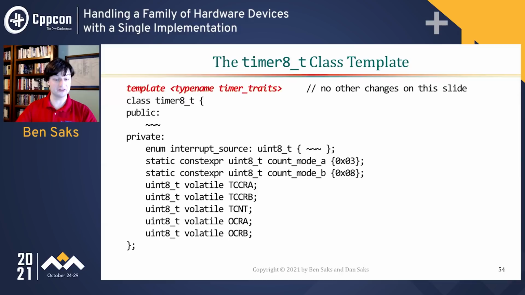And that might be, for example, another trait that you would have in place. Instead of the single address that we had, we might have separate addresses for each one of these registers. That's another way of doing things that can also work.